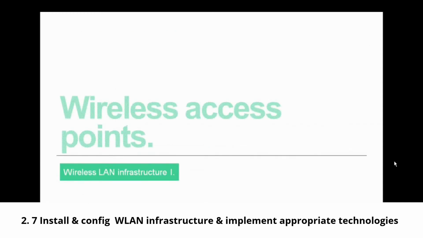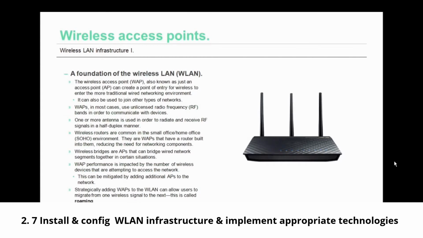Let's conclude with a discussion on wireless access points. The wireless access point is a foundational piece of the wireless local area network. The wireless access point, or WLAP, can also be known as an access point, or AP, and it creates a point of entry for wireless to enter the more traditional wired networking environment.